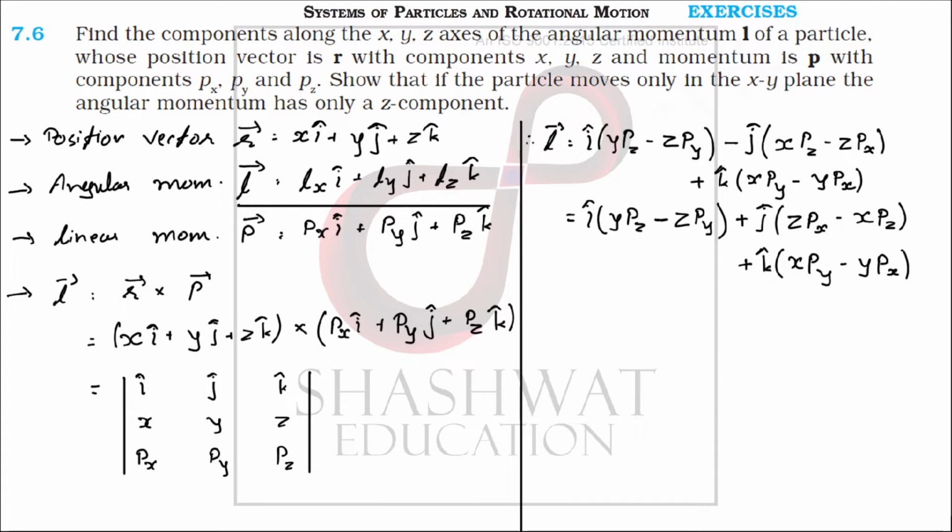Now let us compare this equation of vector L with vector L equal to Lx i cap plus Ly j cap plus Lz k cap. So we find that Lx is equal to y pz minus z py, Ly is equal to z px minus x pz, and Lz is equal to x py minus y px.